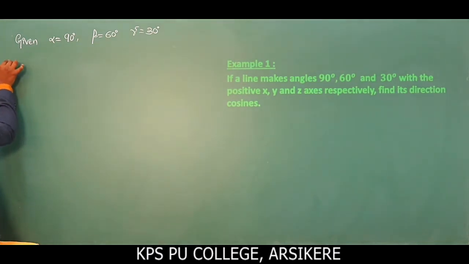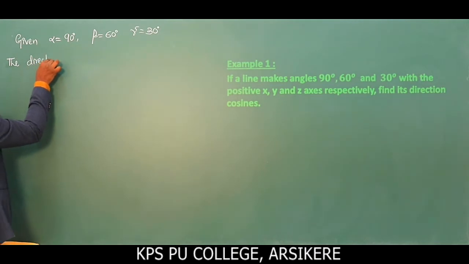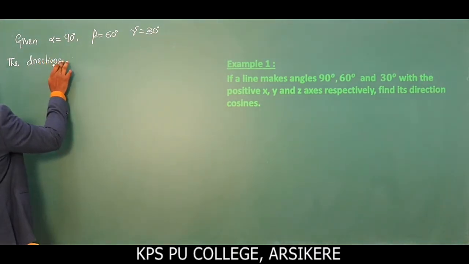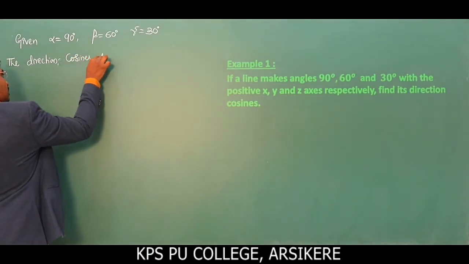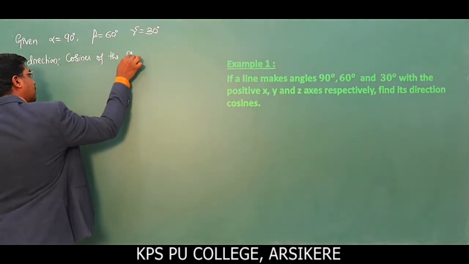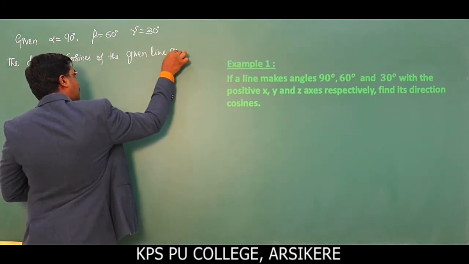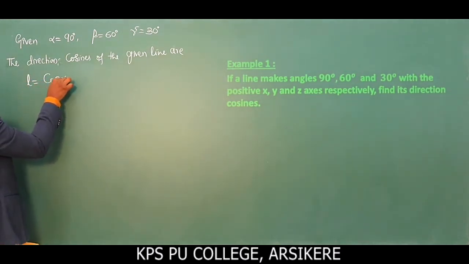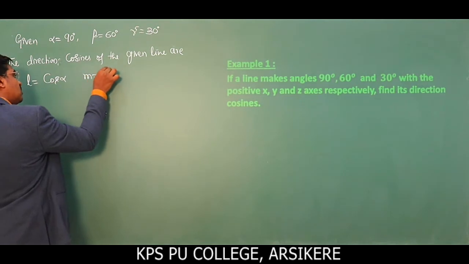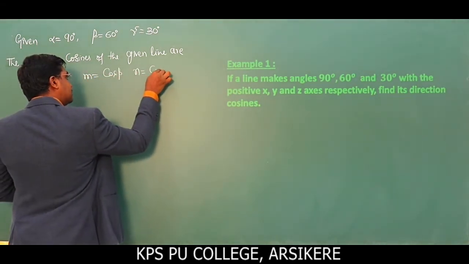Next, the direction quotients of the given line are l is equal to cos alpha, m is equal to cos beta and n is equal to cos gamma.